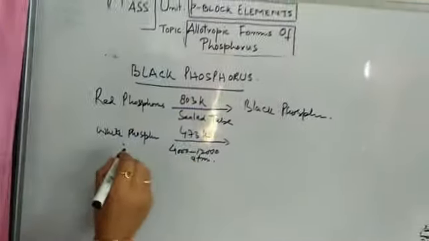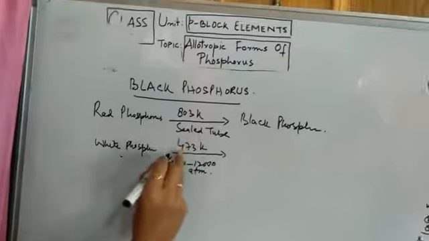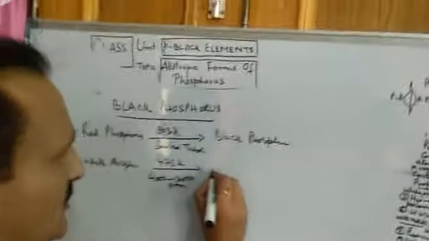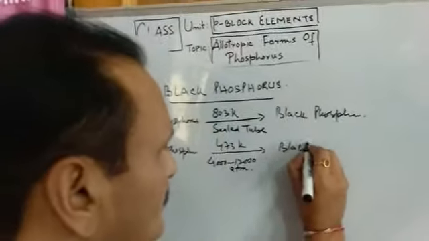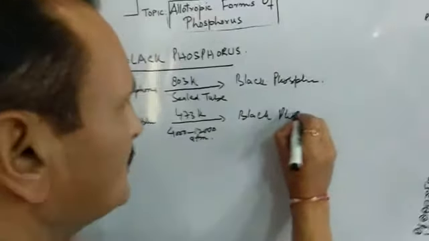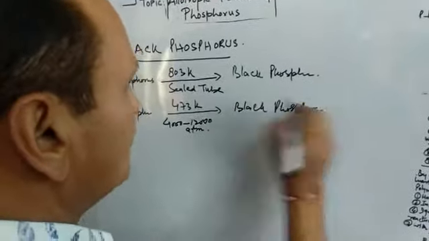Under these conditions, white phosphorus turns into black phosphorus. This is how black phosphorus can be prepared.